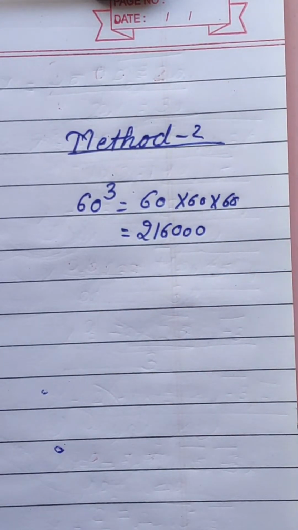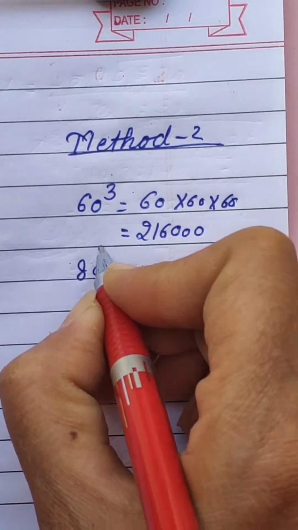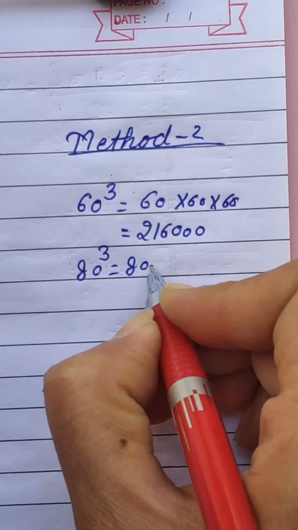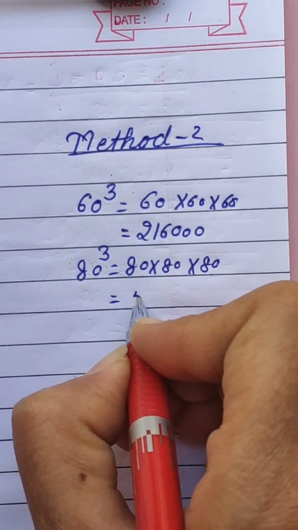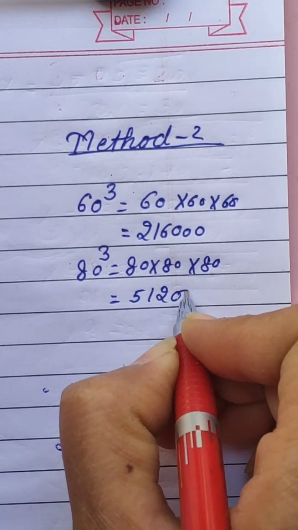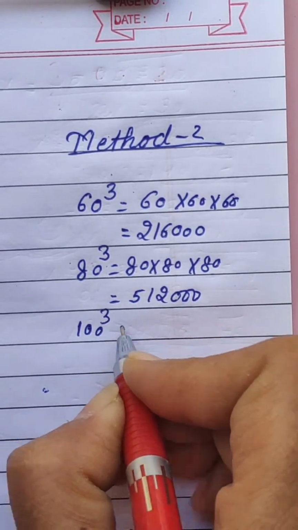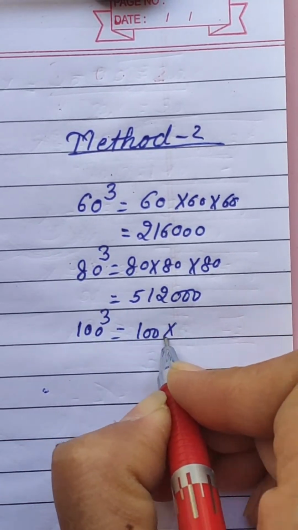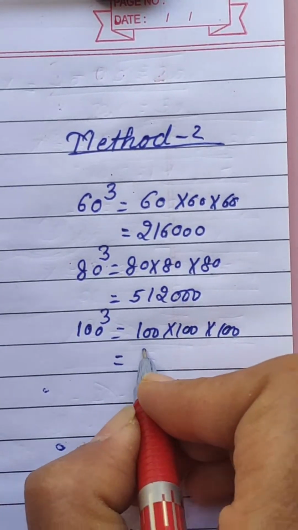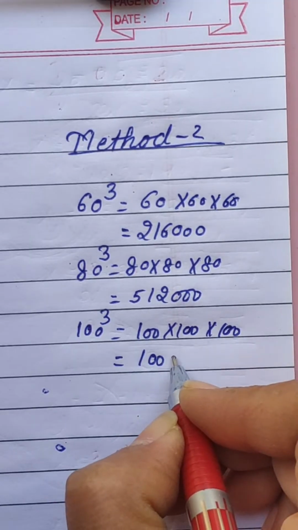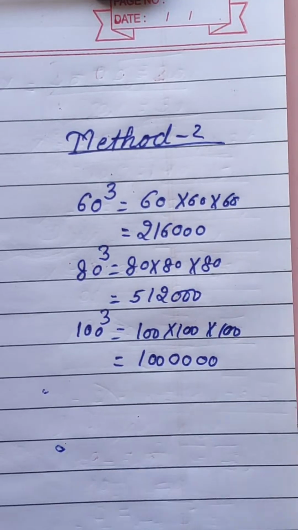Then 80 is the same. 80 multiplied by 80 multiplied by 80 is equal to 512,000. Same with 100 cubed, which is equal to 100 multiplied by 100 multiplied by 100, which is 1 followed by 6 zeros, right?